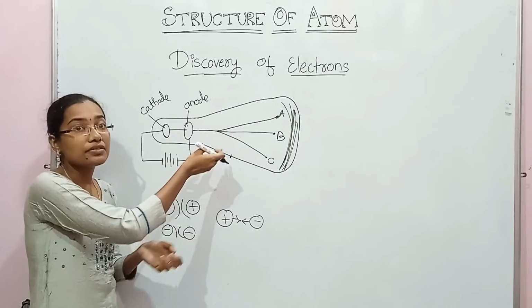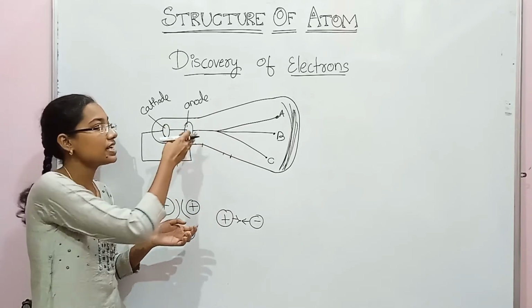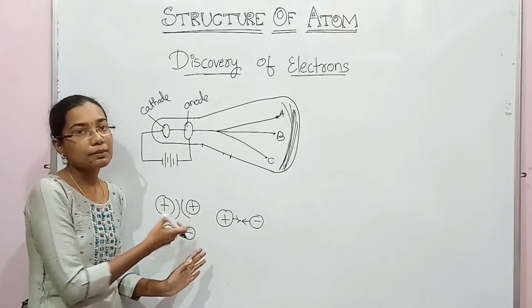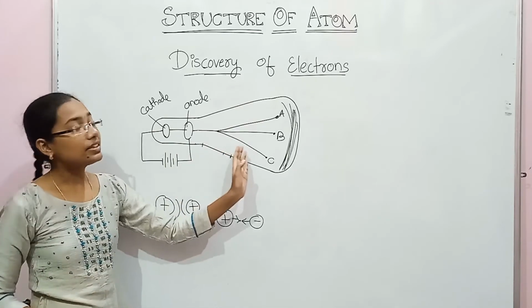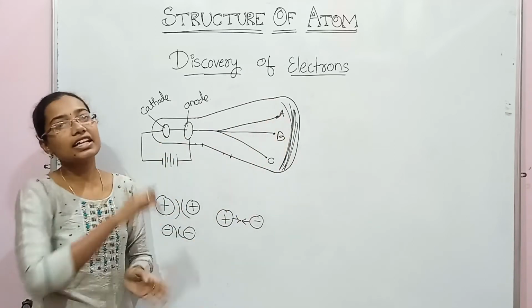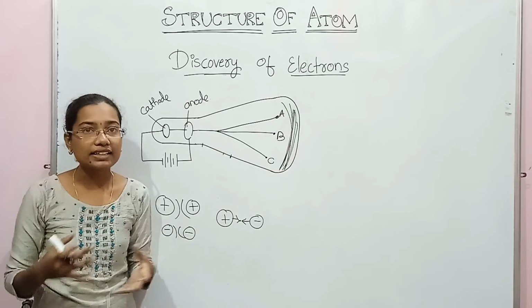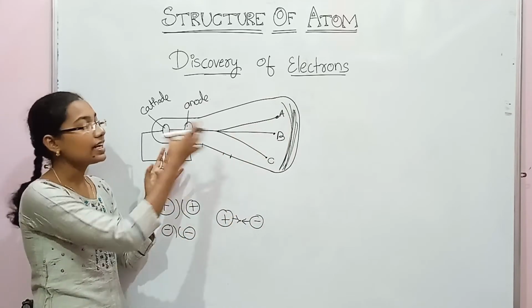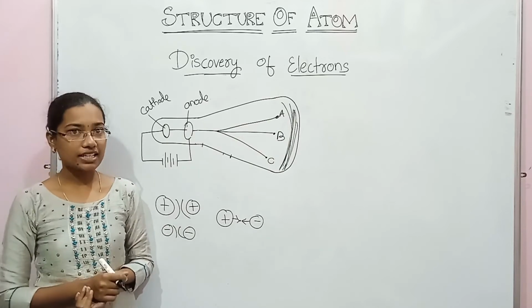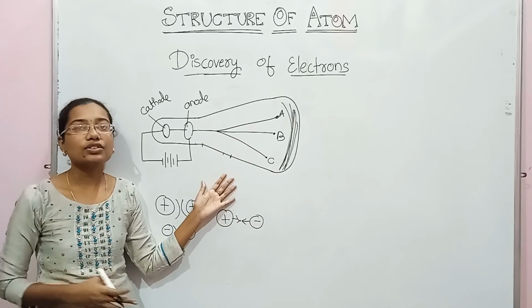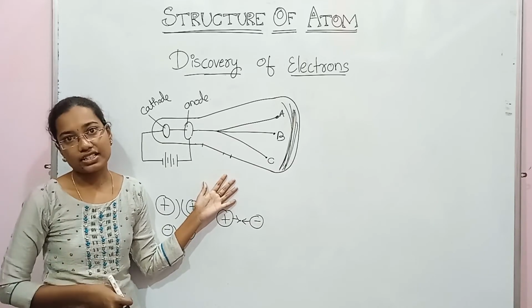Because if it were positively charged, it would not deflect towards the positive, because positive charges repel each other. So if it is going to the positive end, it should be a negative charge. So by this, he came to the conclusion that electrons are negatively charged.